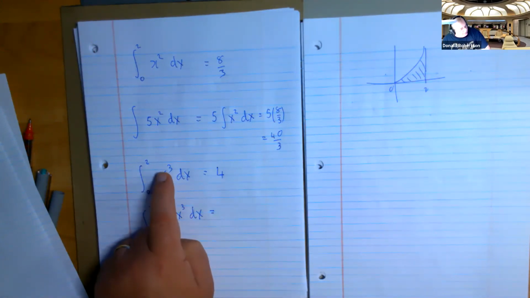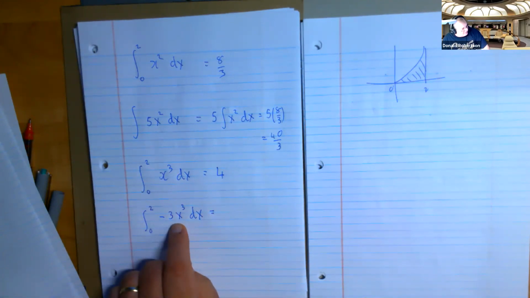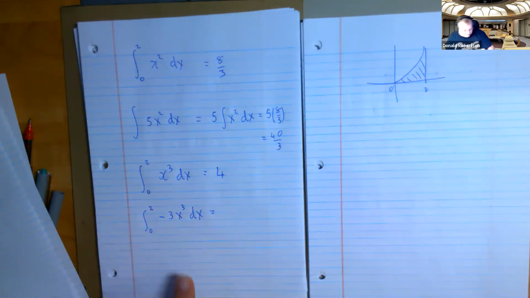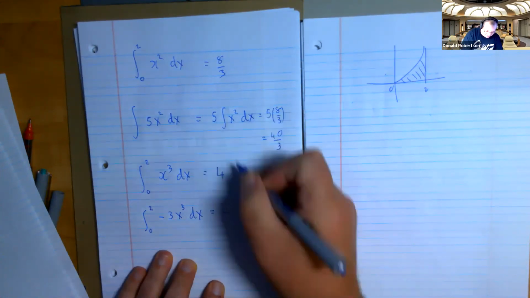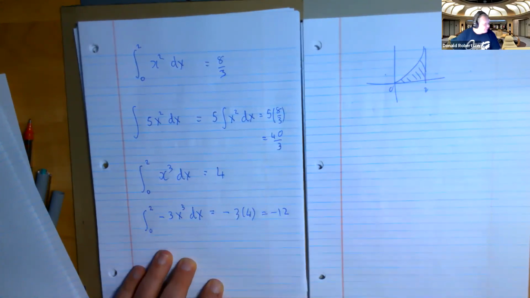Could we use this given piece of information to get this guy? You see where this is going, don't you? Can I skip out that line and just say it's going to be -3 times 4? It's -12 and it's okay to be negative.